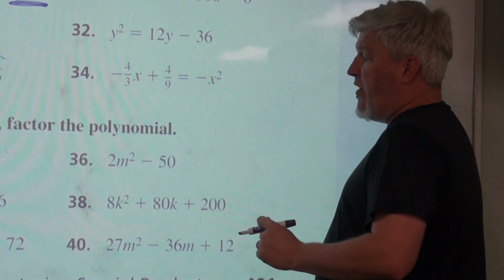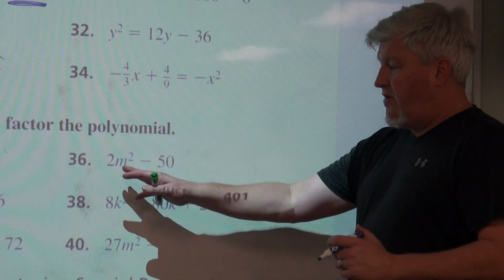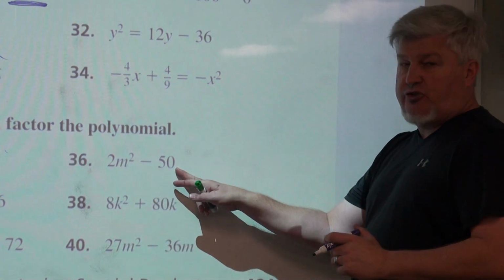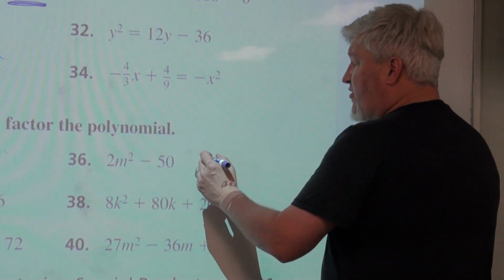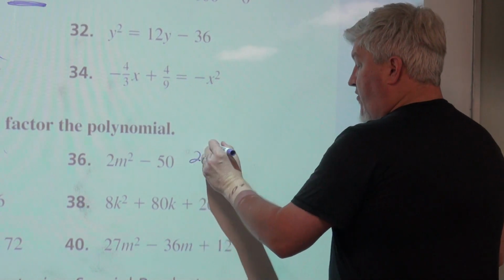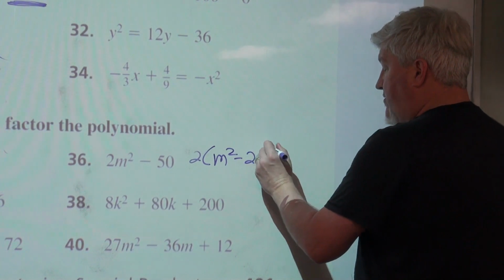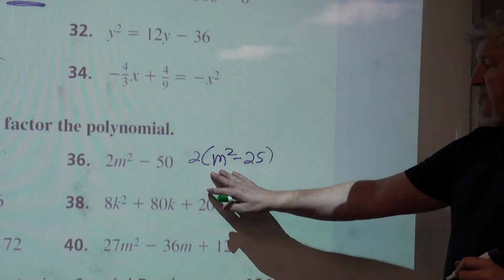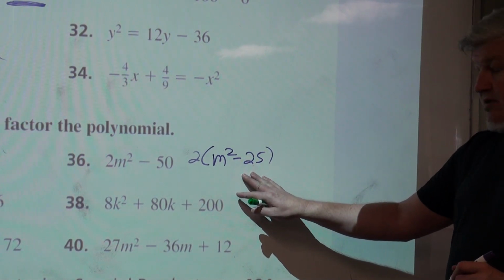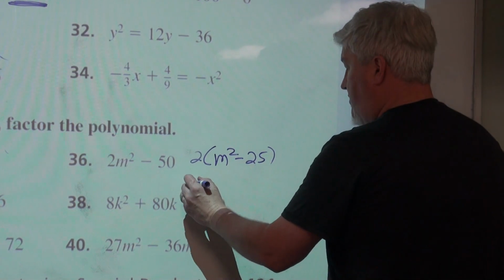I have 2m squared minus 50. What is the common factor between 2 and 50? It's clearly 2. So if I factor out a 2 and rewrite, I have m squared minus 25. Once I do this, you should then see this is a special polynomial that I can factor very quickly.